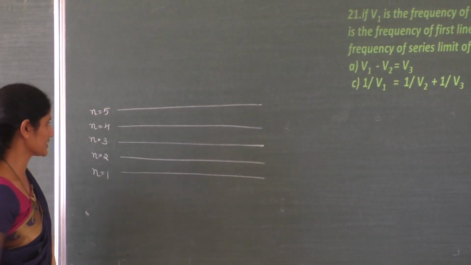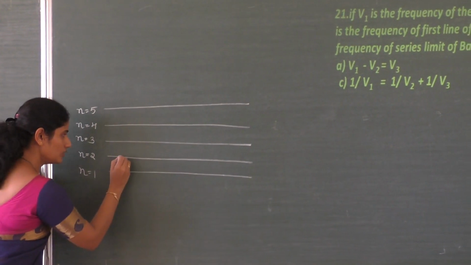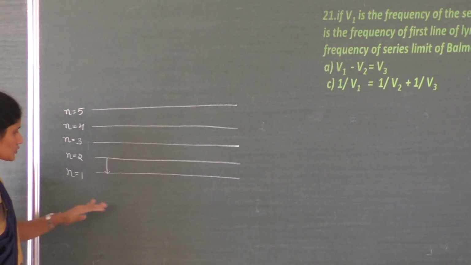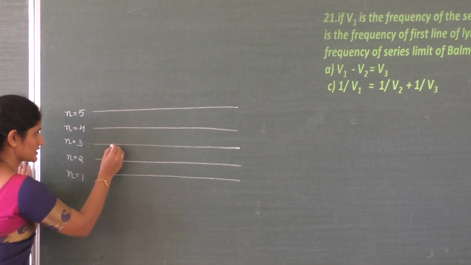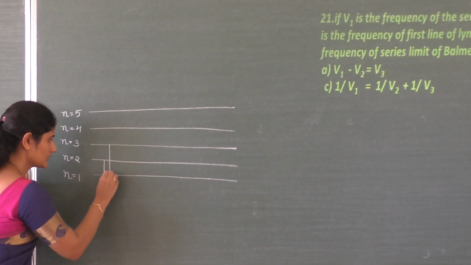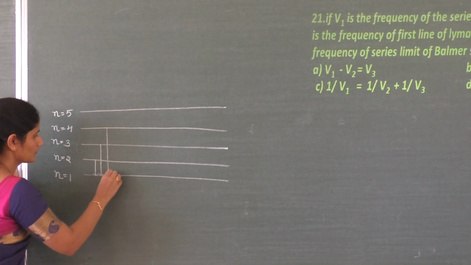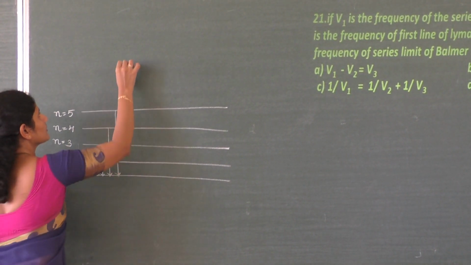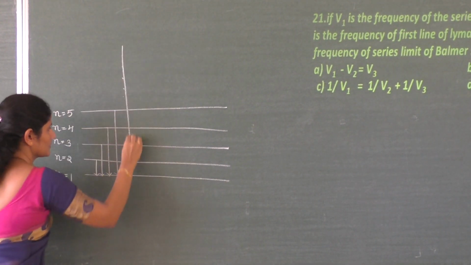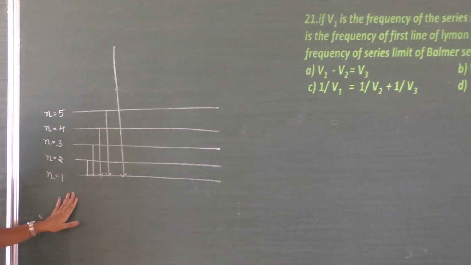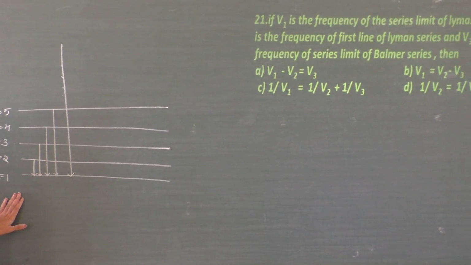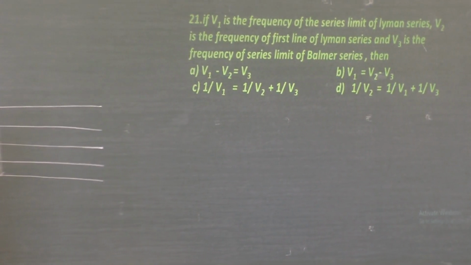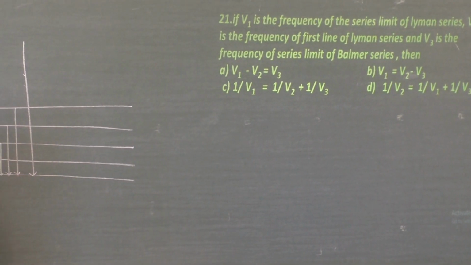For the Lyman series, all the electrons are jumping from excited states to n equal to 1 state. So 2 to 1, 3 to 1, 4 to 1, 5 to 1, infinity to 1. The first electron, making the transition from 2 to 1, has less energy.